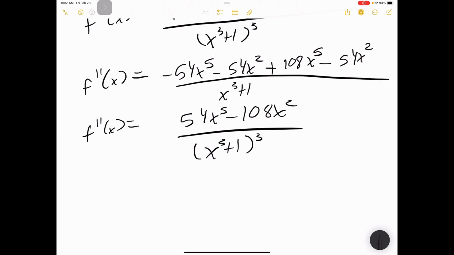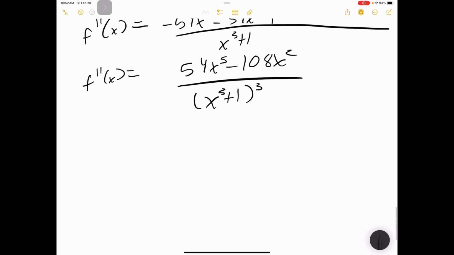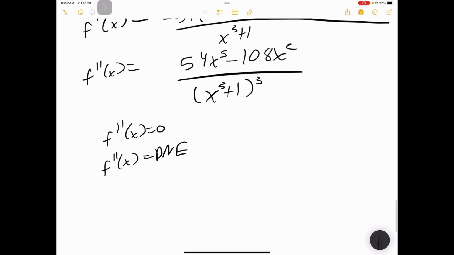Now to find the important points for f double prime, we find the values where f double prime of x is equal to 0, or where f double prime of x does not exist. The points where f double prime of x is equal to 0 are exactly where 54x to the 5th minus 108x squared is equal to 0.